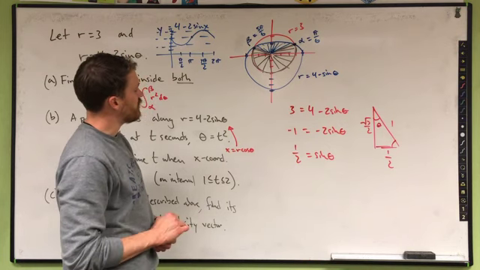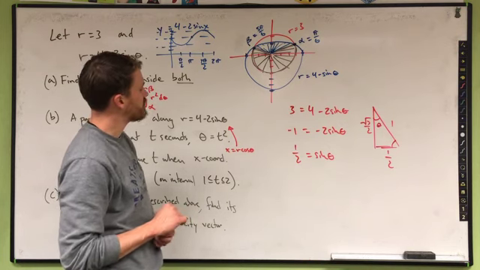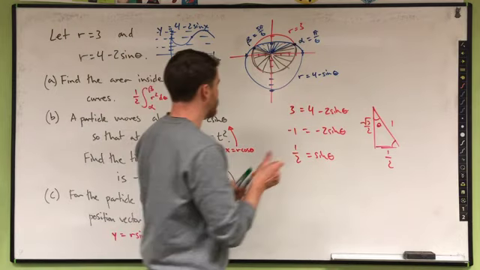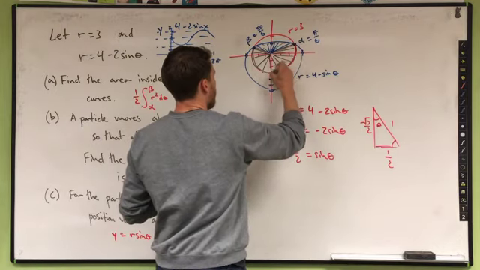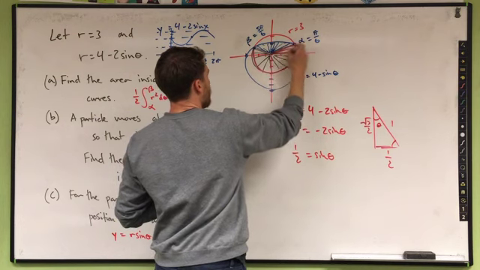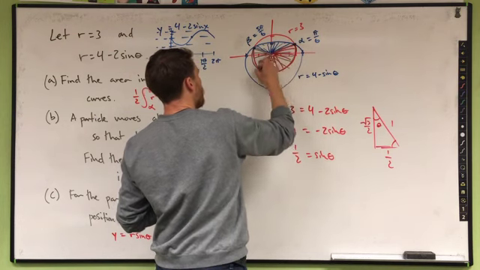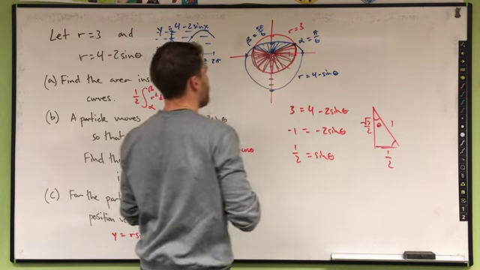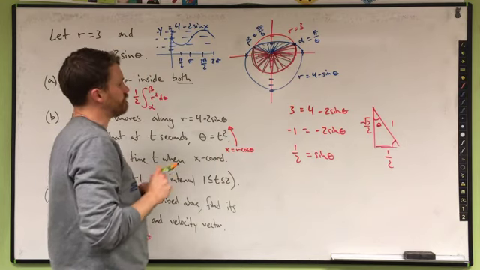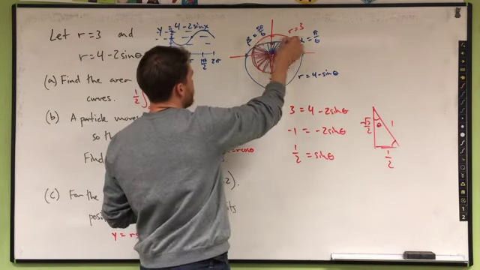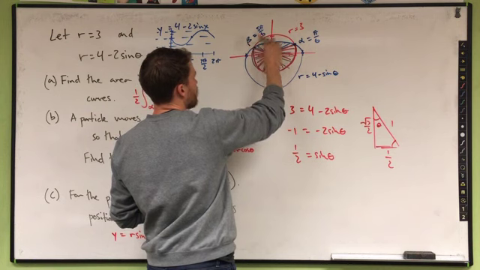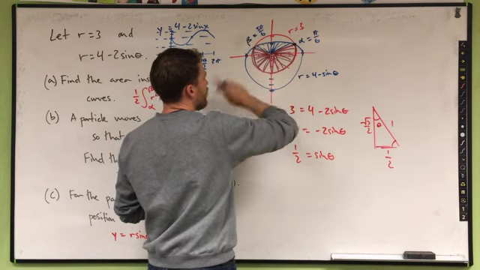So now I'm trying to think how much of the red circle here we actually need to find this area right here. We need to figure out how much to get rid of, and that's from pi 6 to 5 pi 6.